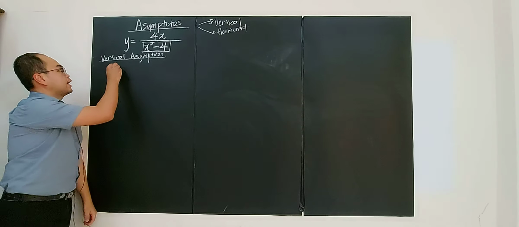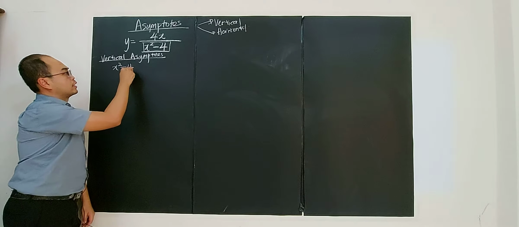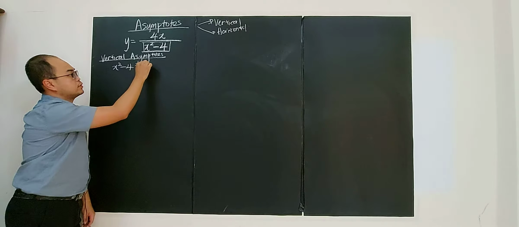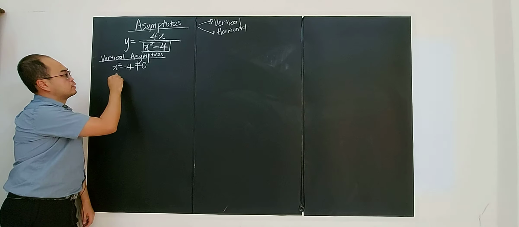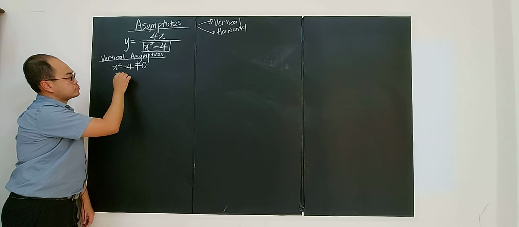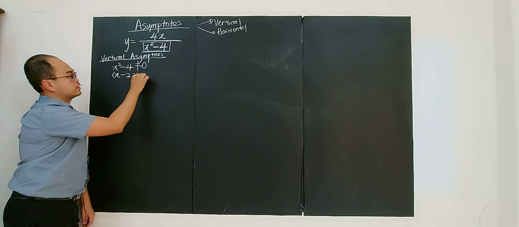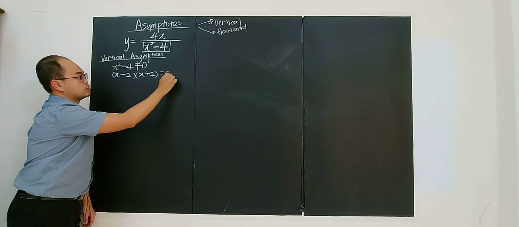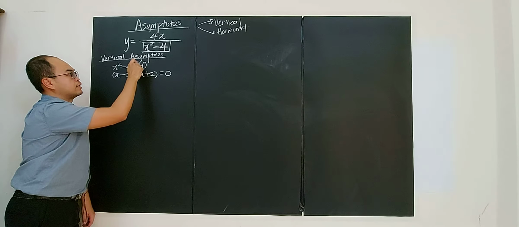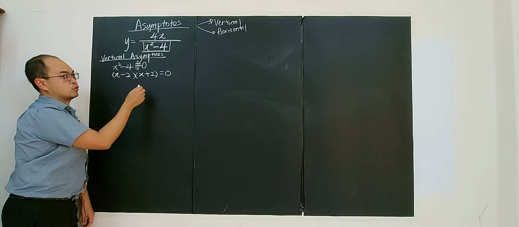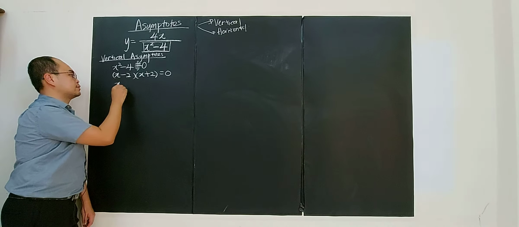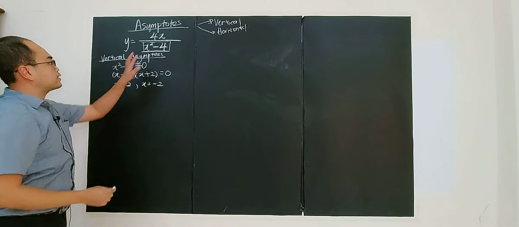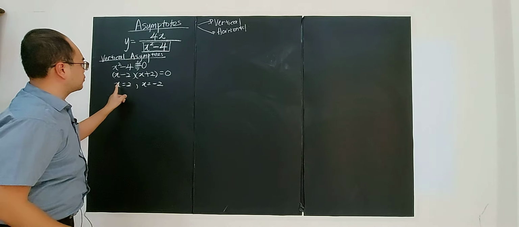So it means that x squared minus 4 cannot be 0. I just assume that this equals 0, so x minus 2 times x plus 2 equals 0. Then we know that x equals 2 and x equals negative 2. It means x squared minus 4 will be 0 if these two values happen.